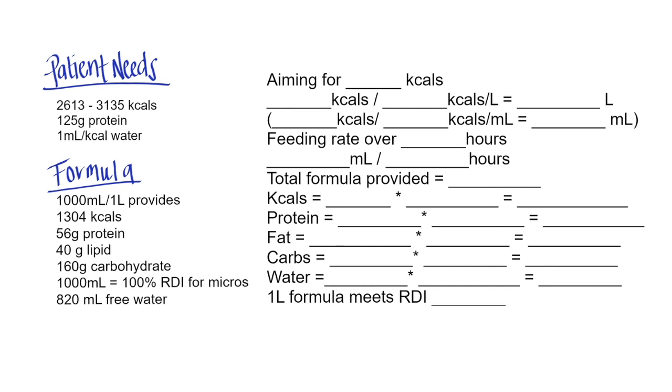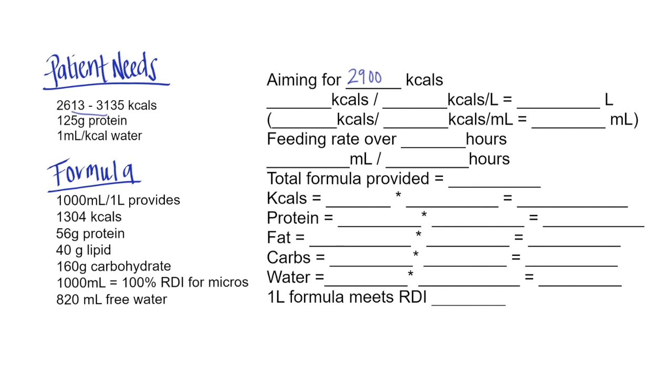So if we're going to start working through this, then let's just start at the very top with our aiming for a blank number of kcals. For this patient and for your patients, you're going to want to pick somewhere within their kcal needs range, and for this patient, we are at 2613 to 3135 kcals, and I decided today that I'm interested in using the number 2900.